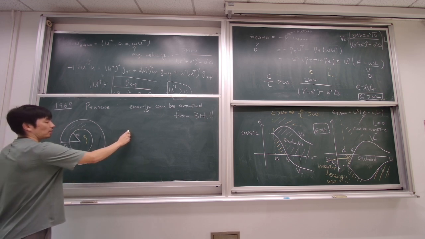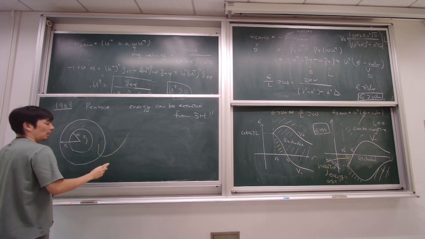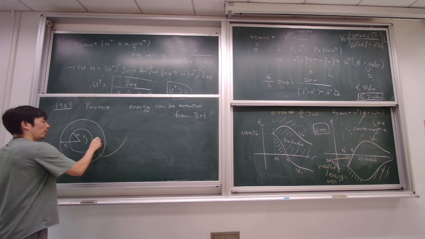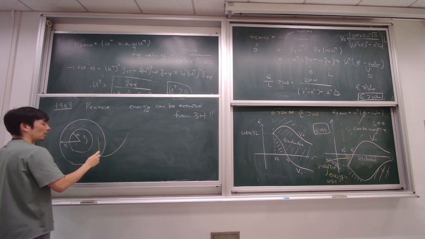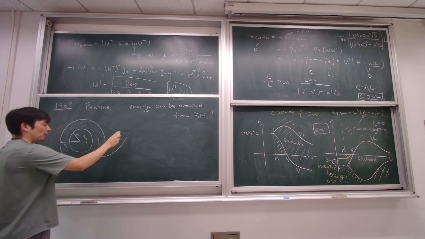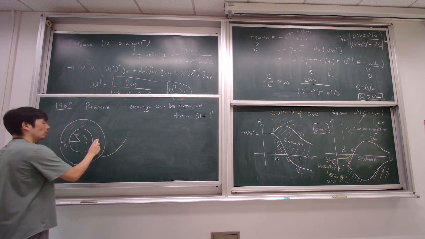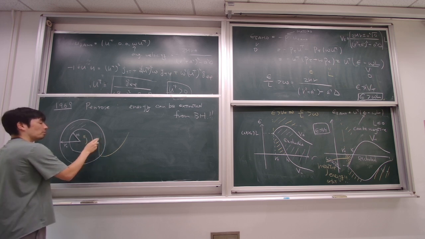Then a counter-rotating massless particle comes in and is dragged into the co-rotating direction. And then suppose it splits into two particles.